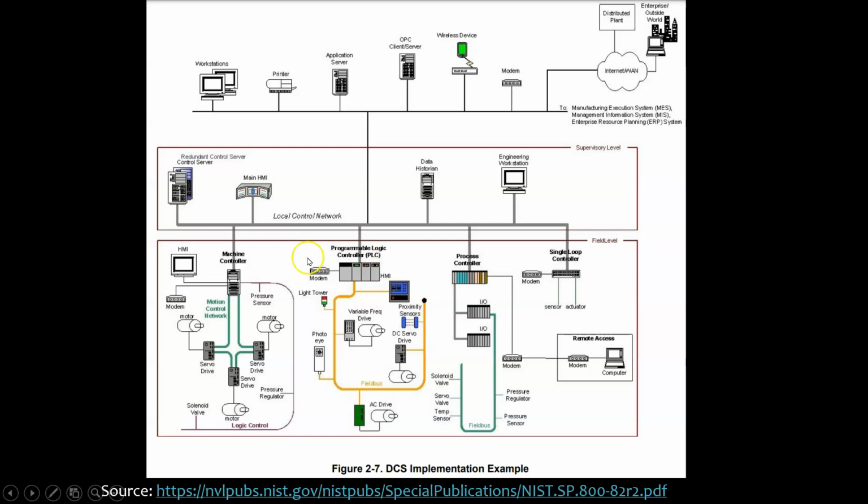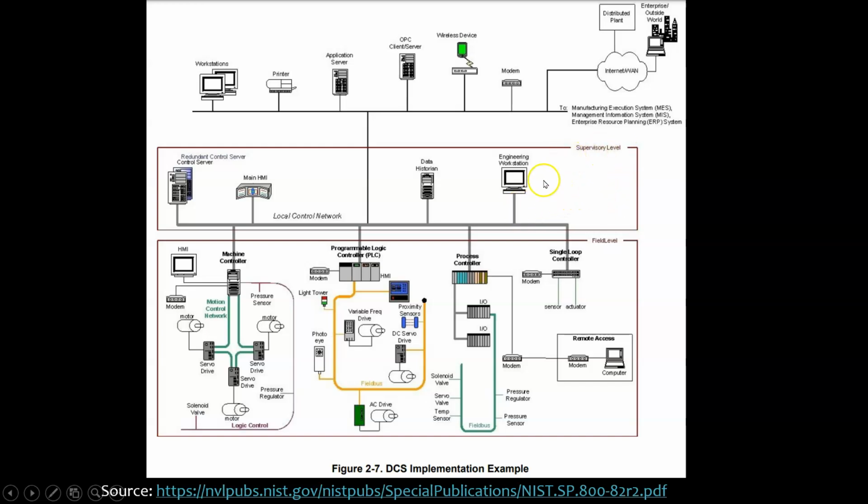And maybe in the middle there is a WAN or radio network, based on the case. Some oil refineries are in the desert or in the sea, so there should be some WAN connectivity to them, and the supervisory level may be in another place. So this is just a high level diagram of how things are working.